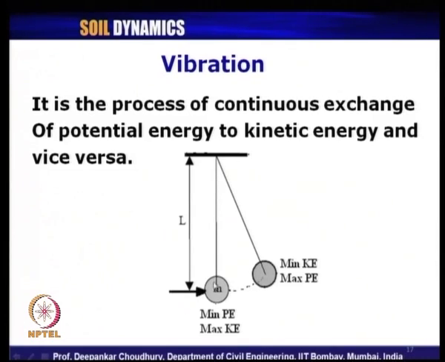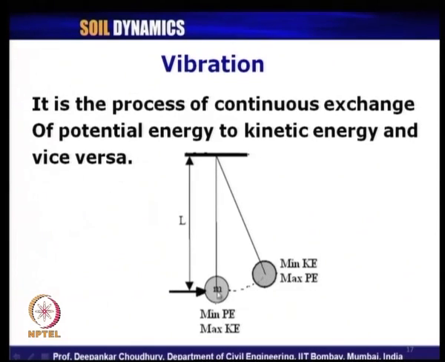A simple example is shown through this pendulum. A simple pendulum has a mass m and an inextensible string of length L attached to it, which is assumed to be massless. When we apply some force or dynamic load on it, it starts vibrating like this.